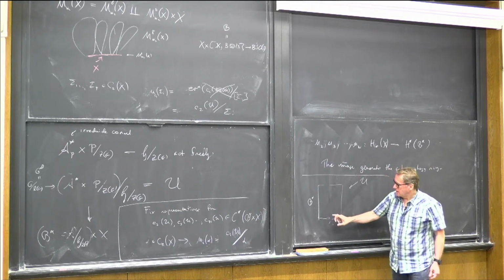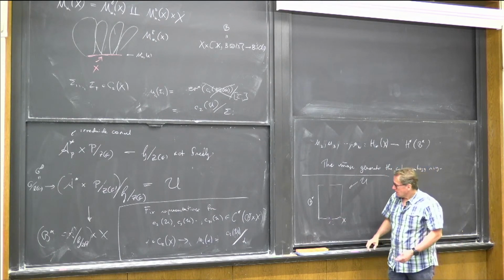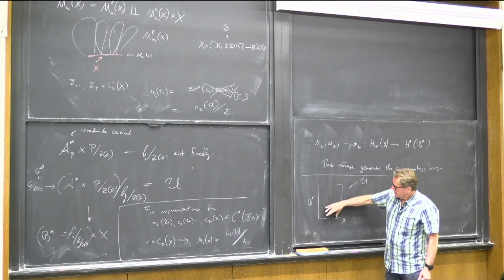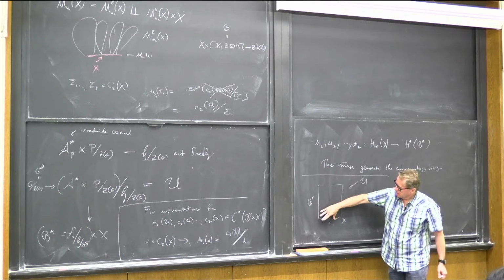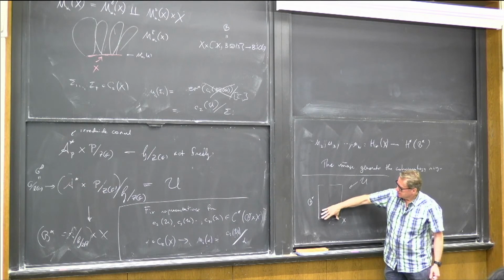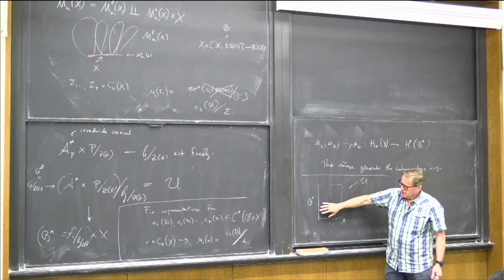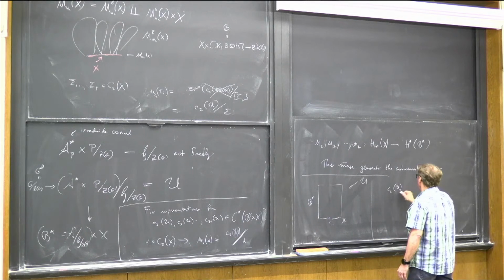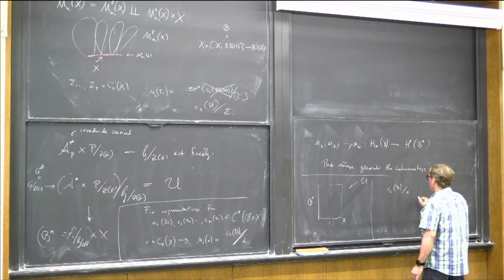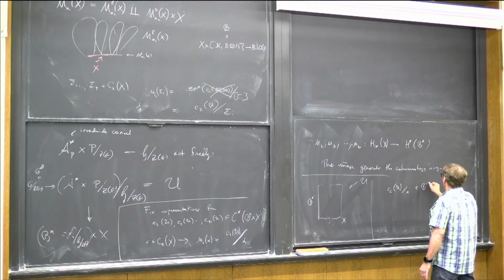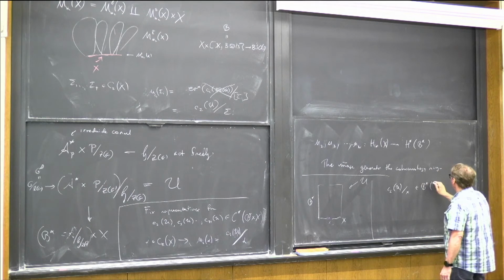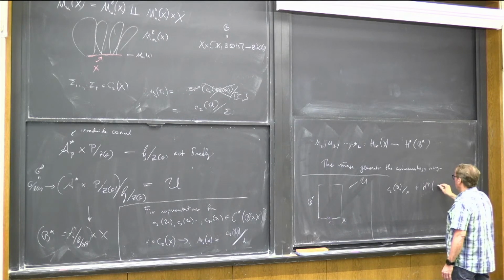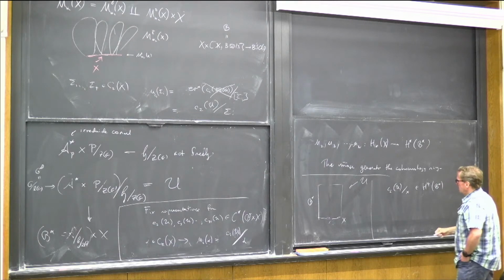So to say that a little more precisely, there's the cohomology class C2 of U slanted against the point in H4 of B star.